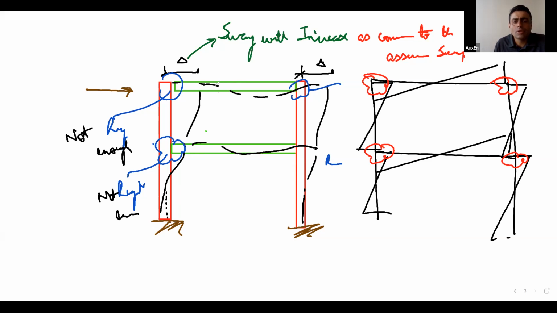Very important. In most of the structures, this happens. In most of the structures where you see portal frames being used without the use of bracings, this is a common problem. Your structures undergo excessive sways because your connections are not properly designed.